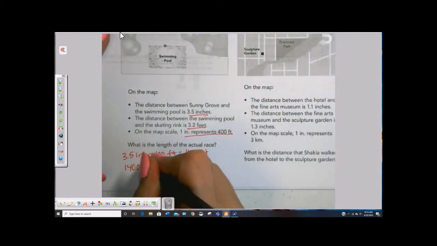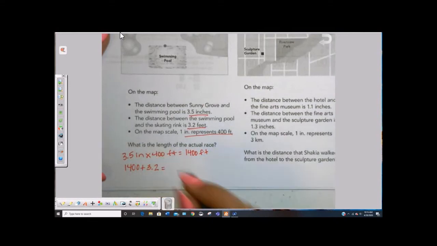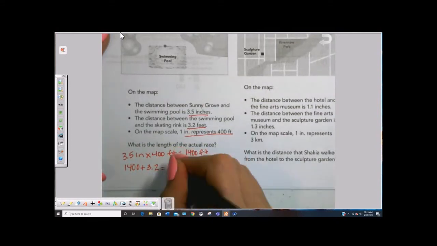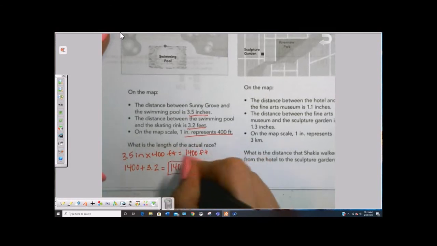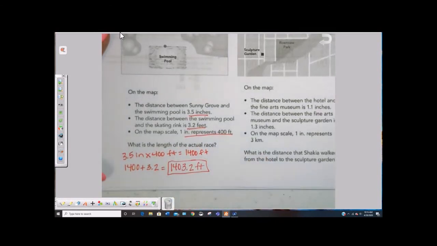And then we already have the other one in feet, so now we can just add the 2. So we have 1,400 plus 3.2 feet. So what's the length of the actual race? 1,403.2 feet.